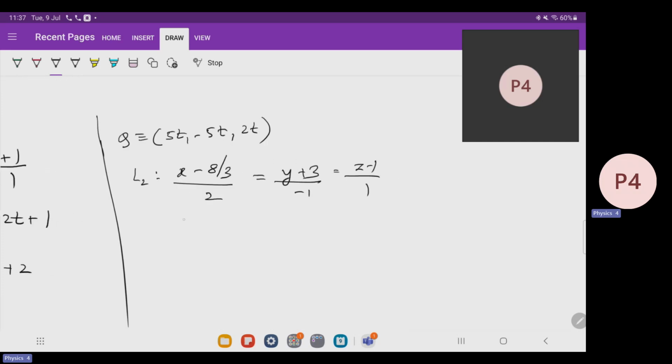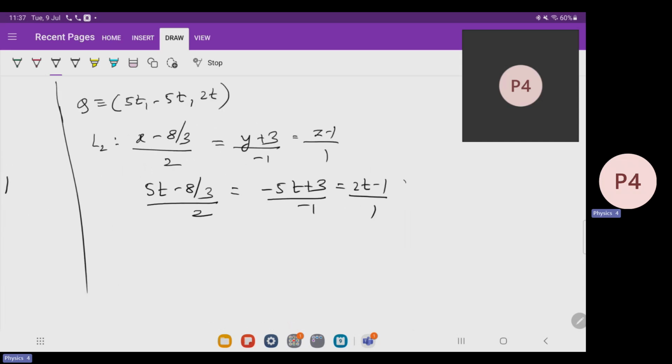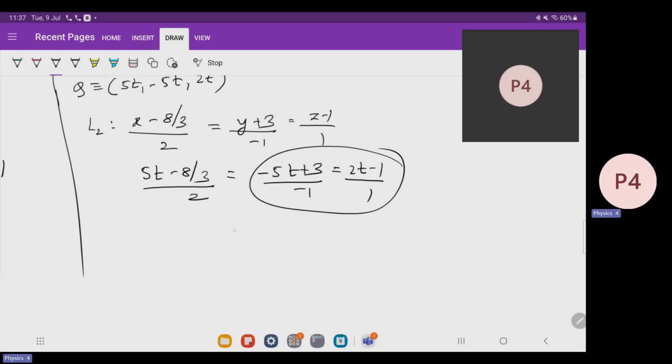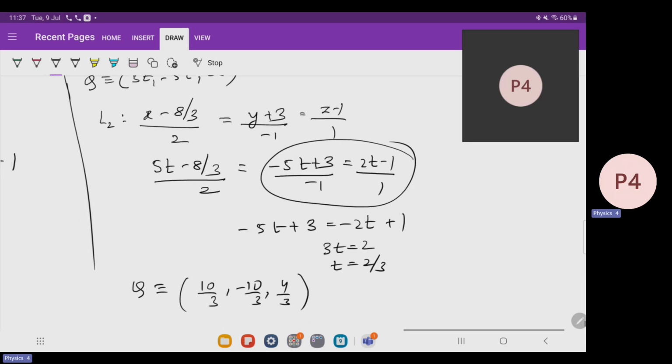So substitute x as 5t: (5t minus 8 by 3) upon 2, (minus 5t plus 3) upon minus 1, (2t minus 1) upon 1. You take these two and solve. You will get minus 5t plus 3 is equal to minus 2t plus 1. So you will get 3t is equal to 2, t is 2 by 3. So what will Q become? Q will become (10 by 3, minus 10 by 3, 4 by 3).